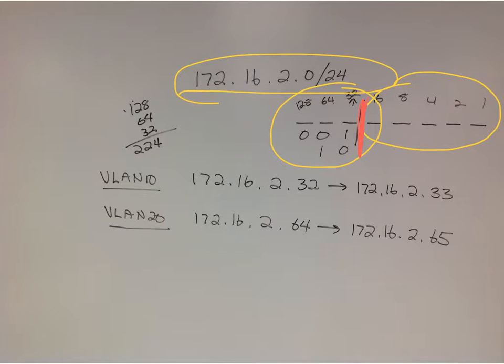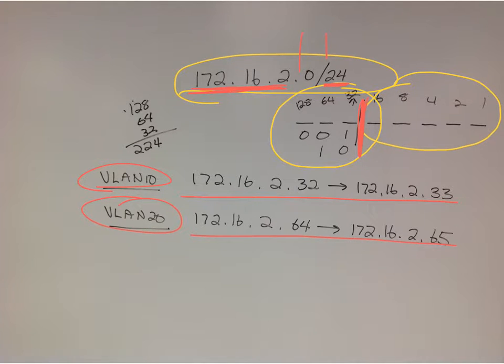We had to borrow some bits out of this range here because this range was given to us as a /24, so we couldn't change that. Then we assigned to VLAN 10 this set of networks, VLAN 20 this set, and you saw those configured for the sub interfaces.